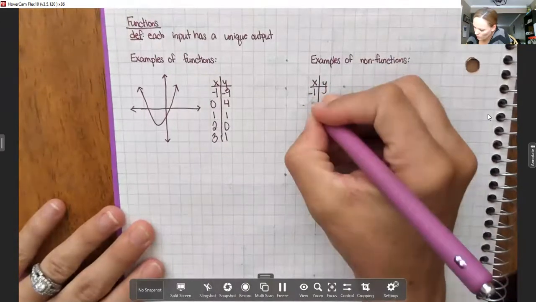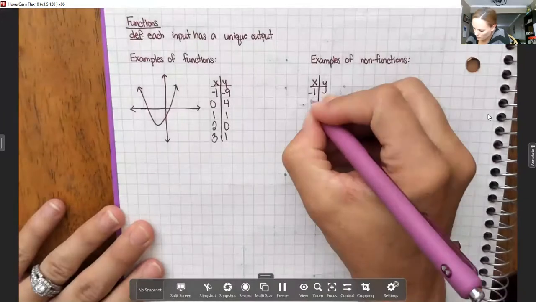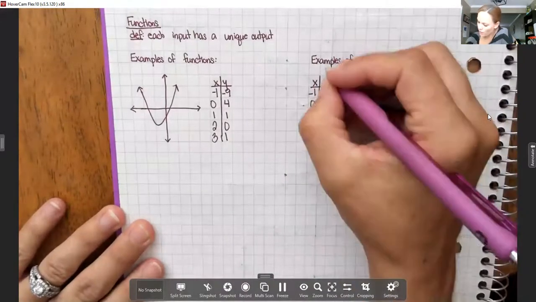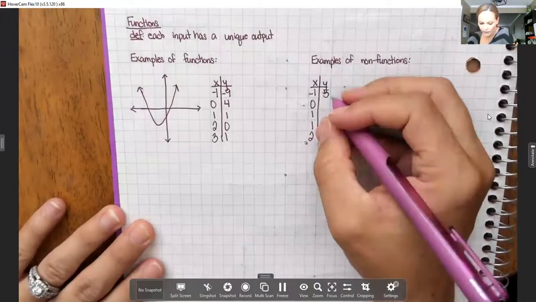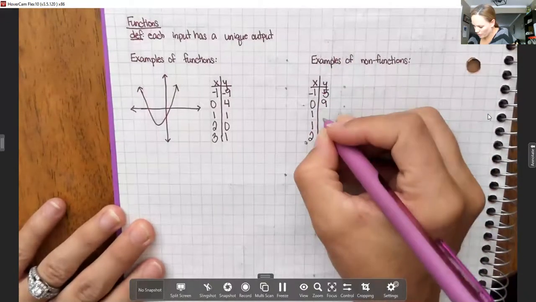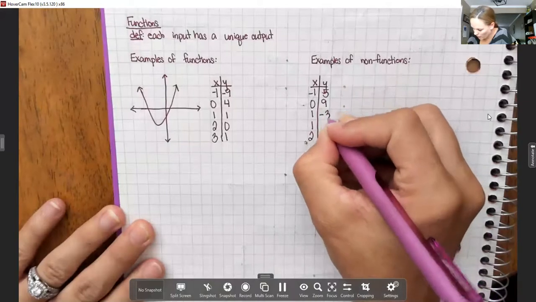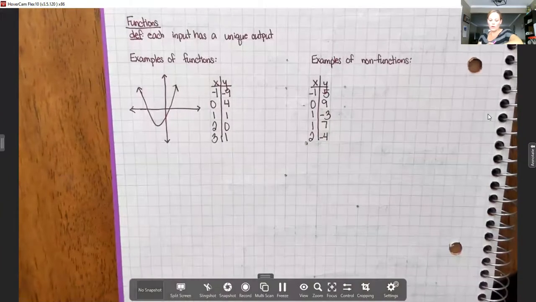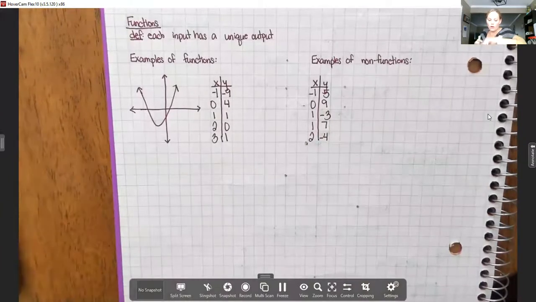So -1, 5, 0, 9, 1, -3, 1, 7, 2, -4. So this is not a function.